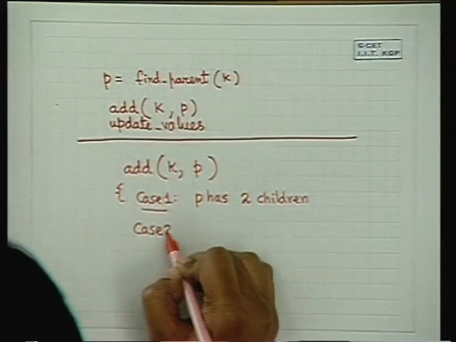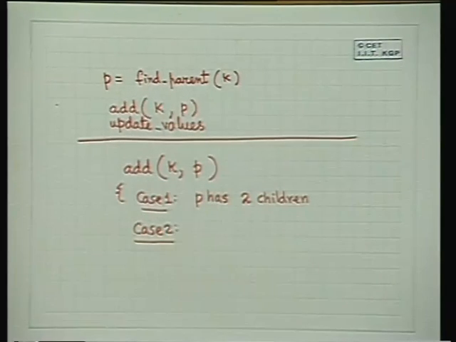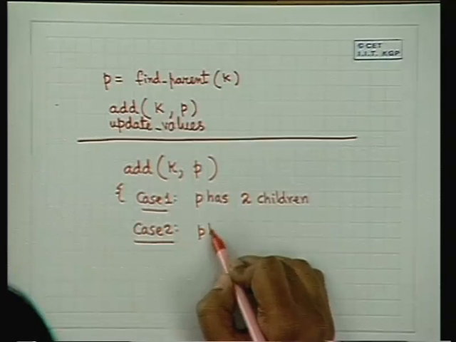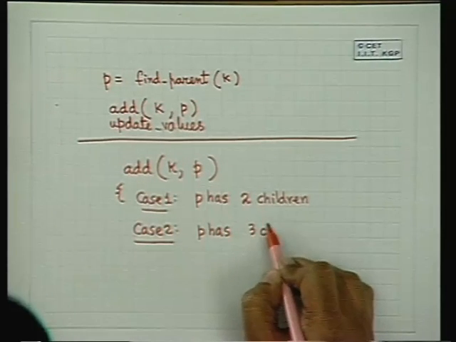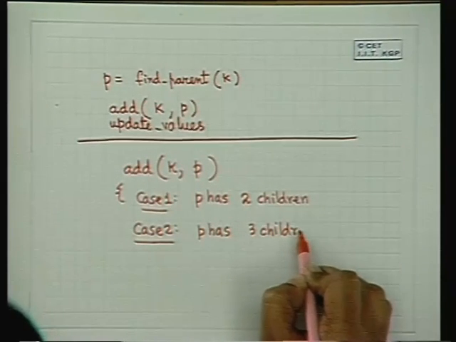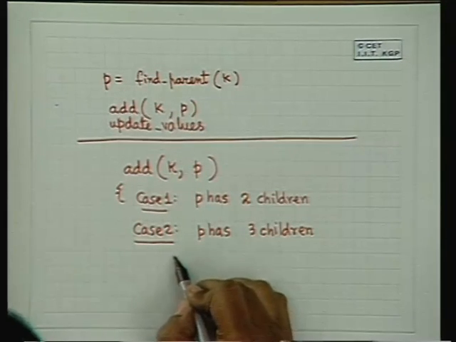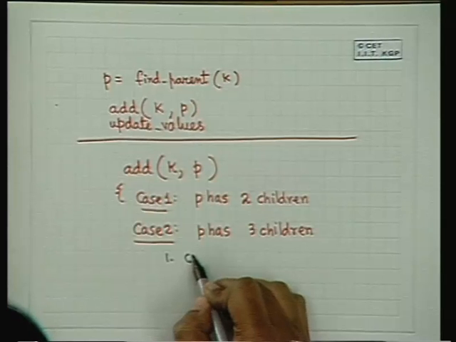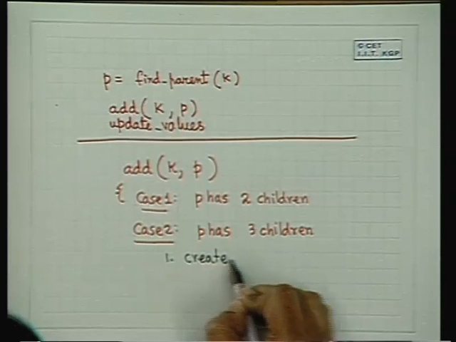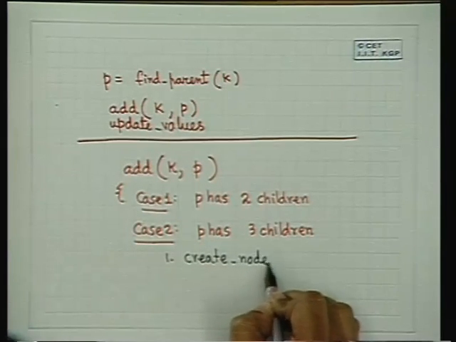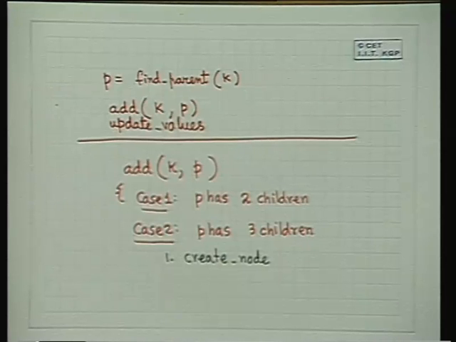And what is case 2? P has 3 children. This case is slightly more involved. What is to be done in this case? Create a node, create a new node.